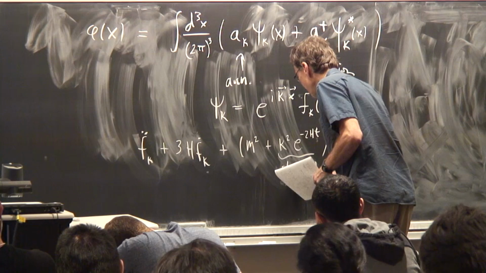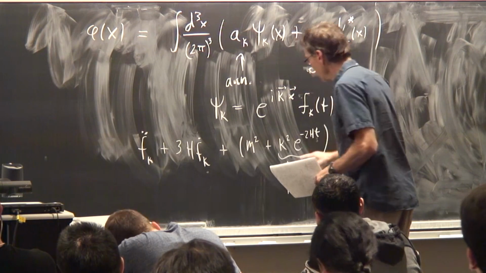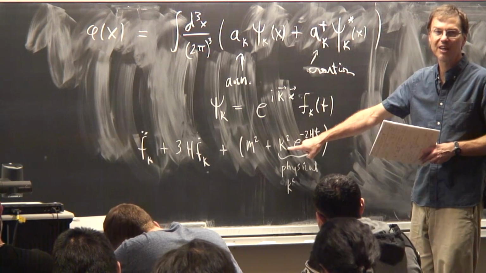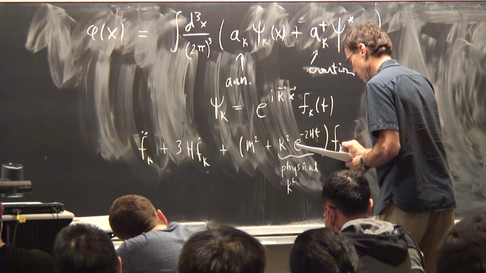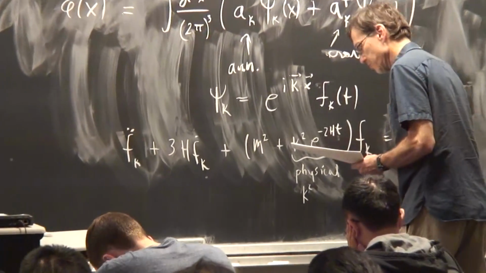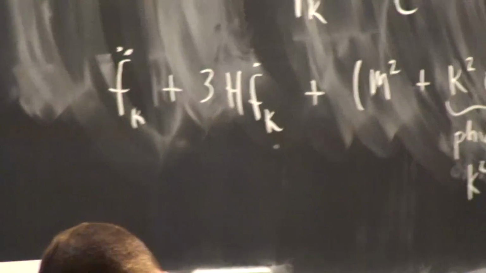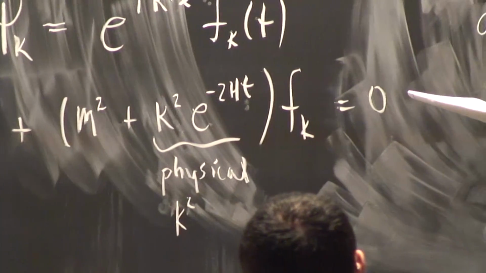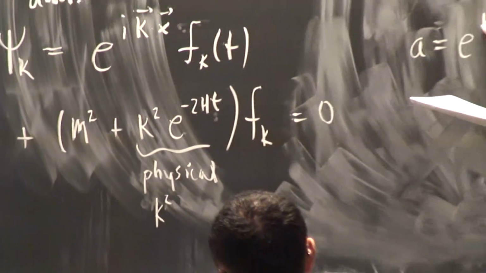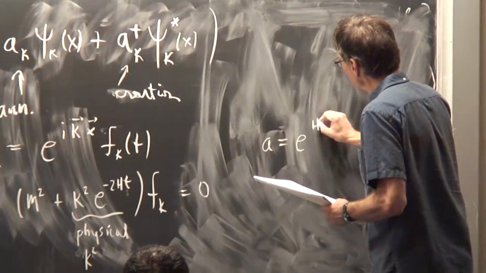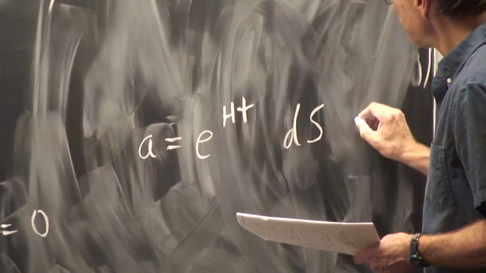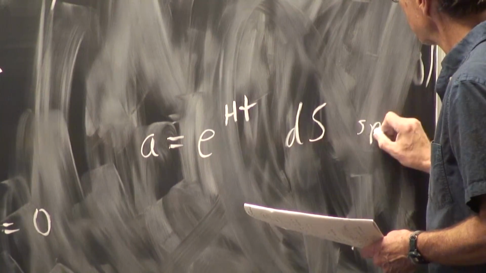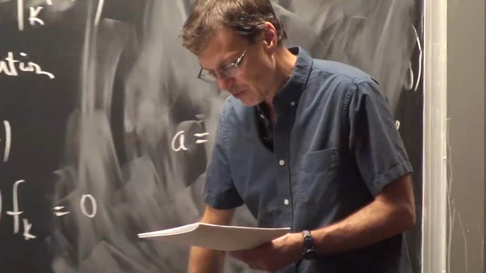That combination is just the physical k squared, whereas this k is the comoving k, times f_k equal to 0. So here I've just approximated the actual inflationary background as de Sitter space, purely exponential expansion.